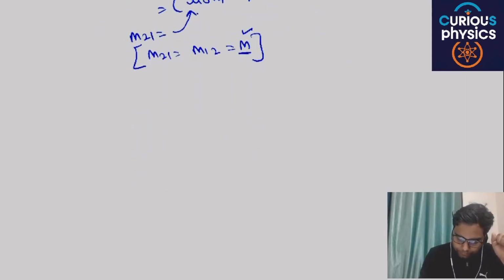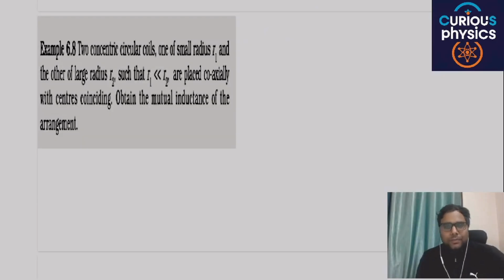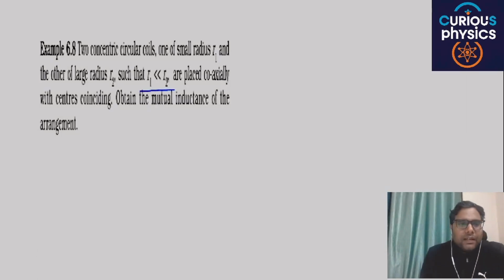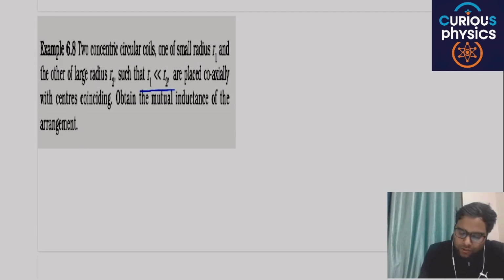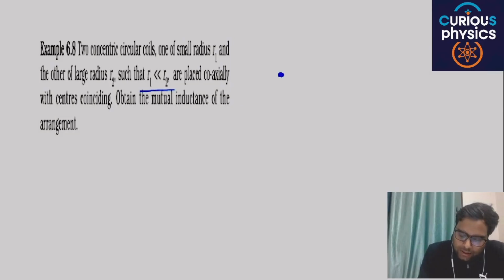Here is a particular example which will increase your understanding of the concept of mutual inductance. Two concentric circular coils, one of small radius r1 and the other of large radius r2, and the relation is r2 is very large compared to r1.